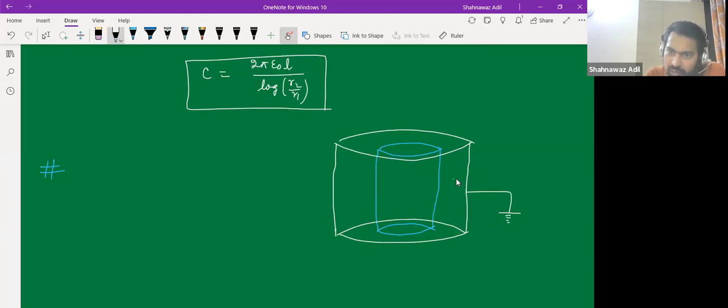This is minus Q. This is plus Q. Okay, now what I do is that I put a dielectric slab in between in this capacitor.